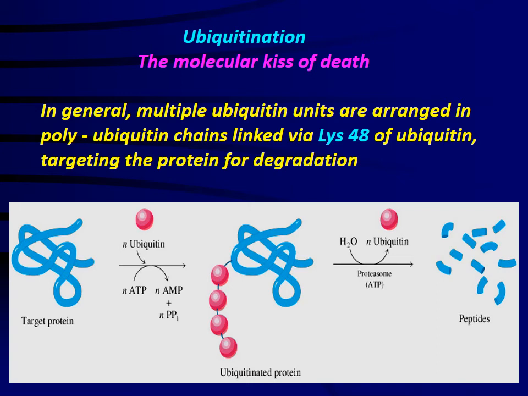Subsequently, further ubiquitin molecules are attached to the existing ubiquitin molecule and the protein is tagged, referred to as ubiquitinated protein. The ubiquitinated protein is presented to the proteasome, which has proteolytic activity, and hydrolyzes the protein into peptides and amino acids. The released ubiquitin is utilized in another cycle of protein degradation.